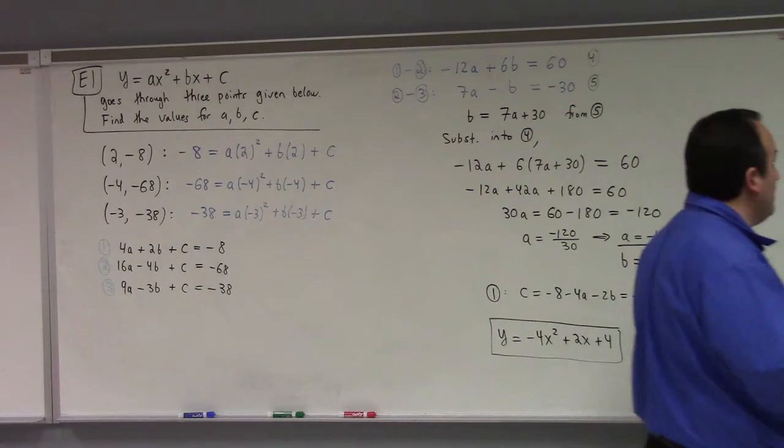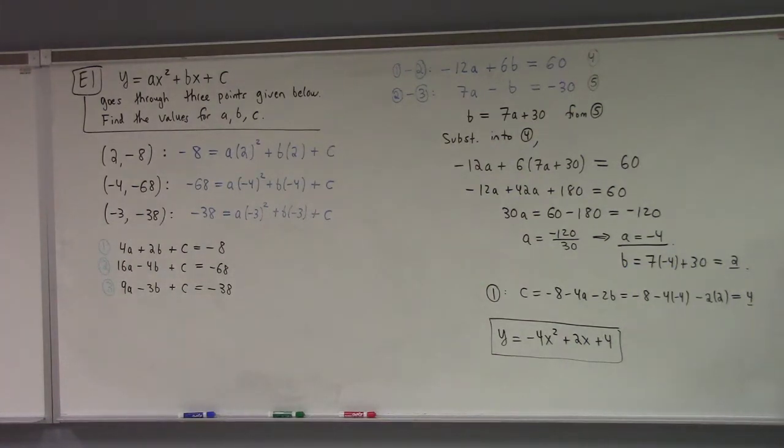Okay. Example 2. Here we're facing x plus y equals 13, x squared plus y squared equals 85, and you're supposed to fill in the blank.